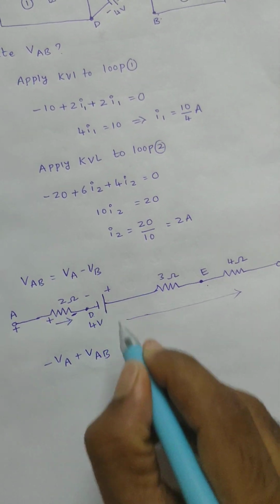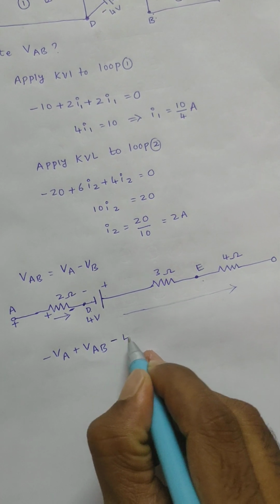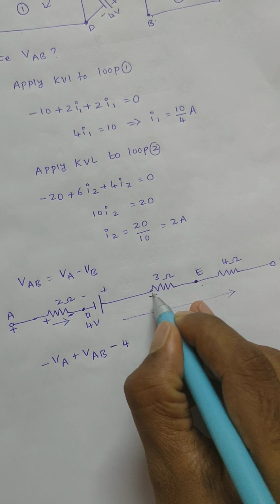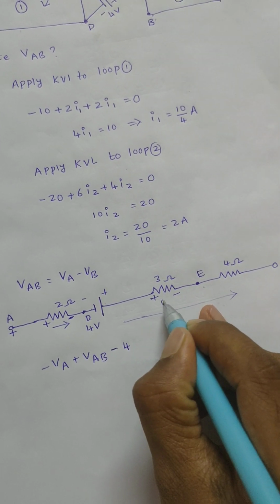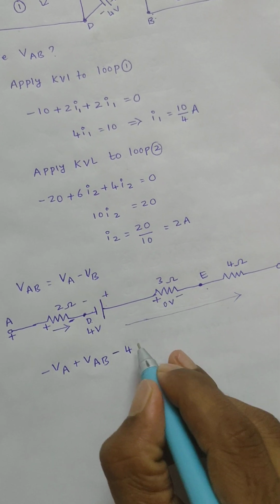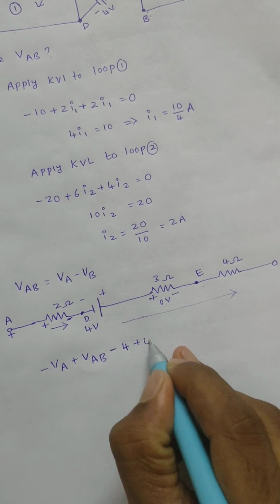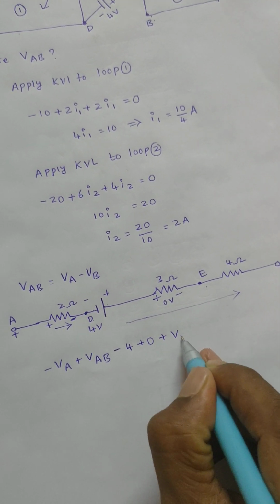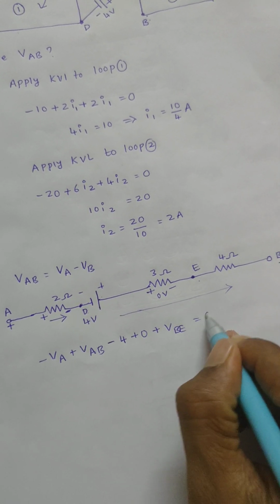Again here it is minus plus minus 4. Here I am indicating plus minus but 0 volts, because I am assuming no current is flowing. Plus 0, again plus voltage between B and E is equal to 0.